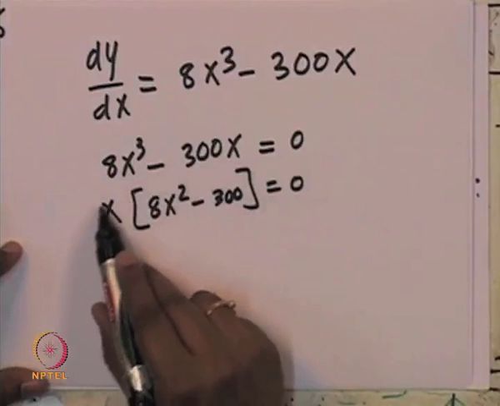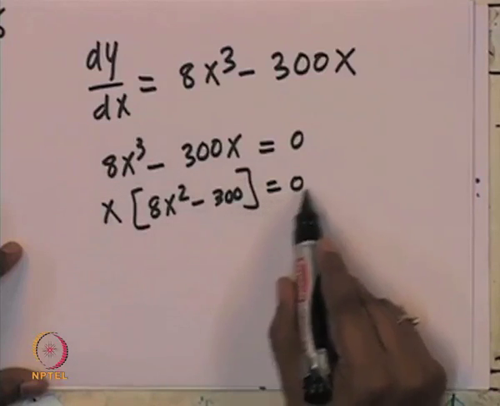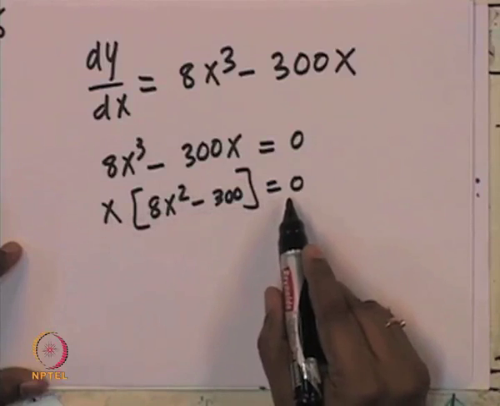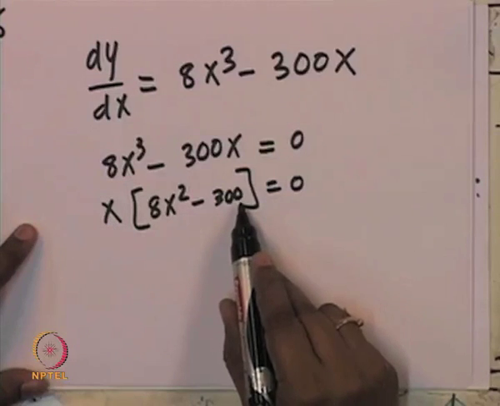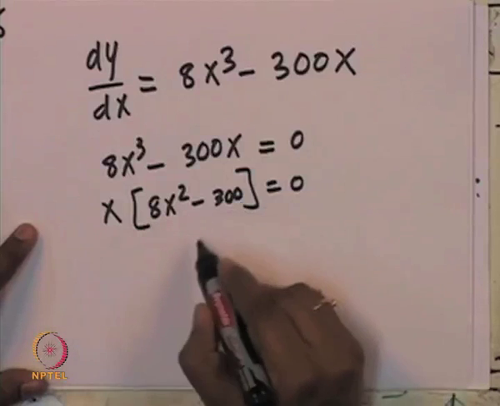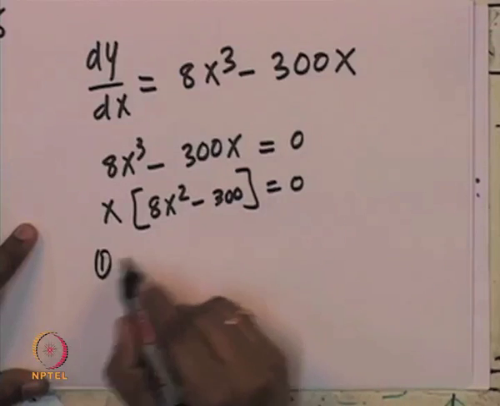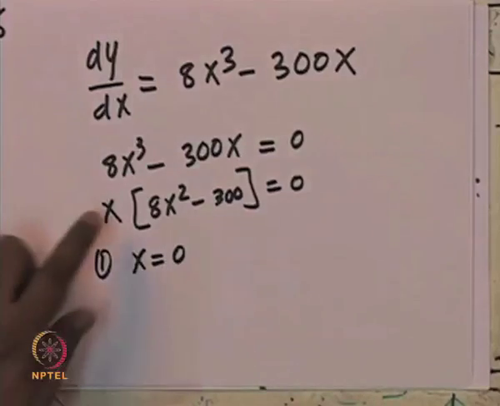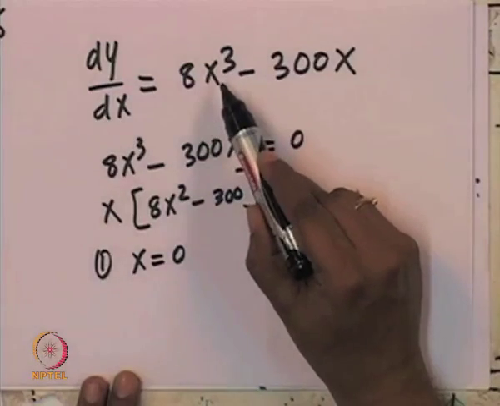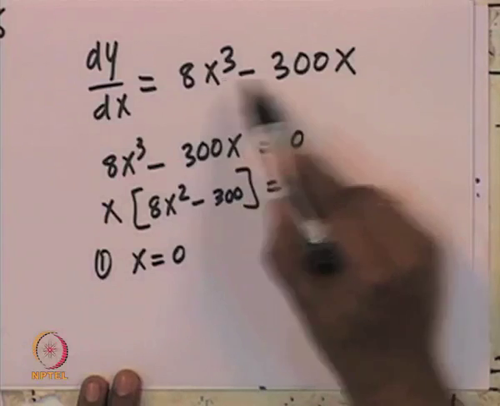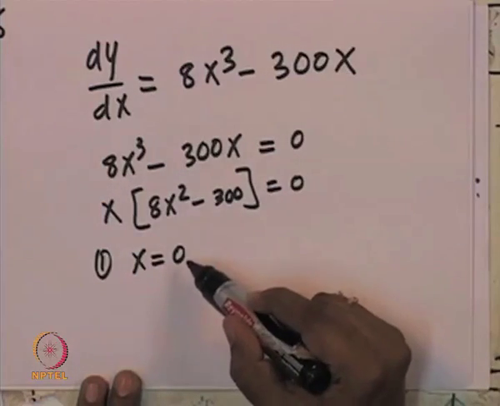Now if this is equal to 0, this means either x equal to 0 or 8 x square minus 300 equal to 0. So, one solution is x equal to 0. When x is 0, 8 into 0 is 0 and 300 into 0 is 0. So, dy by dx is 0 when x equal to 0.